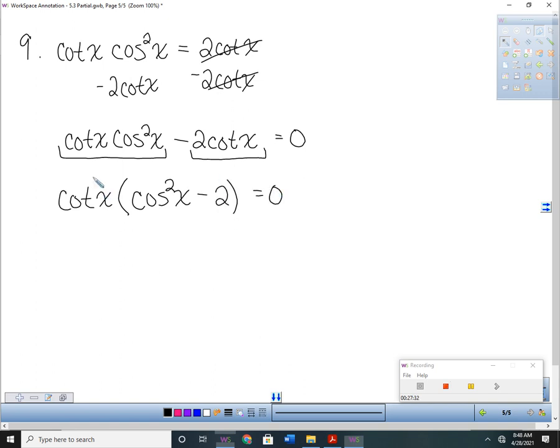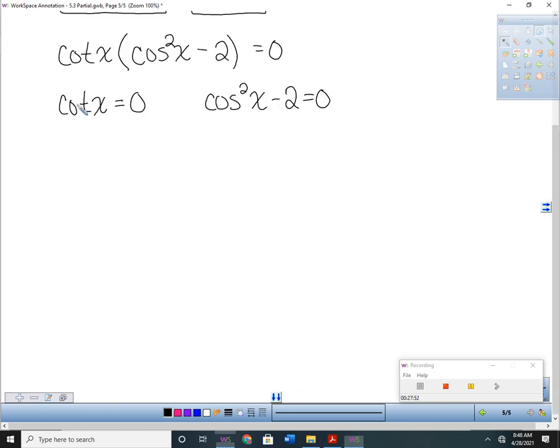So now I have a factor that's just cotangent, and I have a factor that has just the cosine. So I'm going to set each of those factors equal to 0. Now remember, we don't like to deal with the cotangent, so we're going to change this to tangent and flip this.